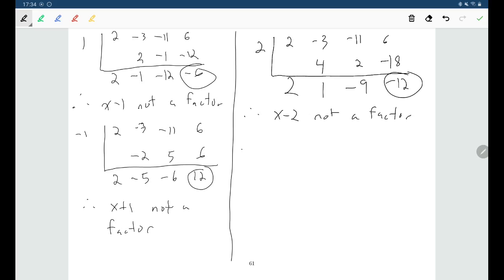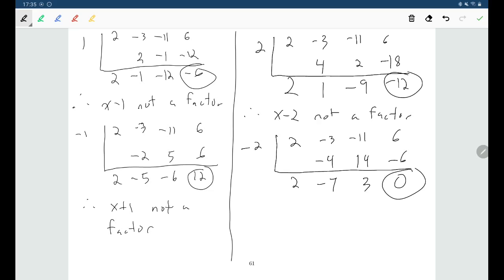We'll try negative 2. Bring down, and we multiply and add. Then we multiply and add, and we multiply and add. Okay, good. There we go.